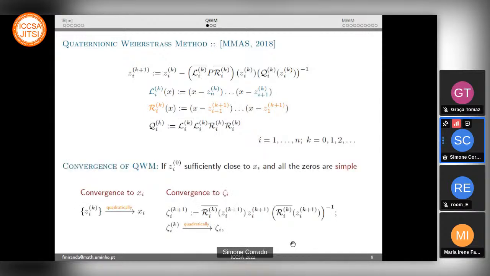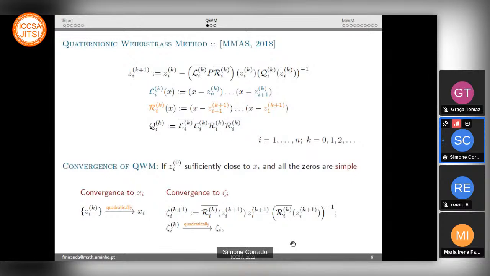One important result also obtained in that paper is that if the guesses of the factors of the polynomial are sufficiently close, and if all the zeros are simple, then we prove that the convergence of the factors xi is quadratic.